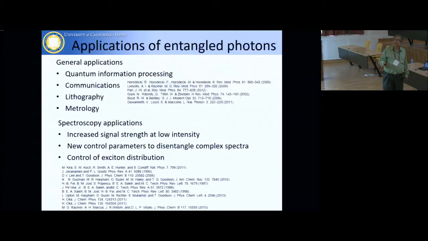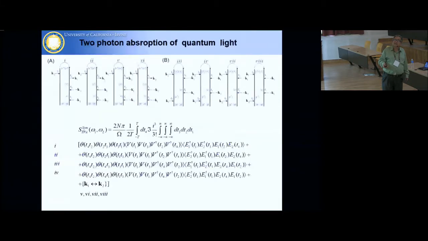Now, as I mentioned, such entangled photons have been studied in quantum information, lithography, and communications, and our goal is to apply them to spectroscopy. So this is an example of a 2-photon absorption. The signal will be given by a correlation function of matter times a correlation function of the field.